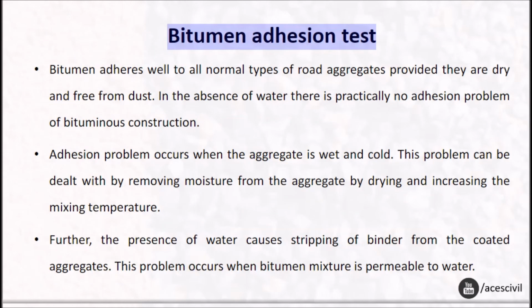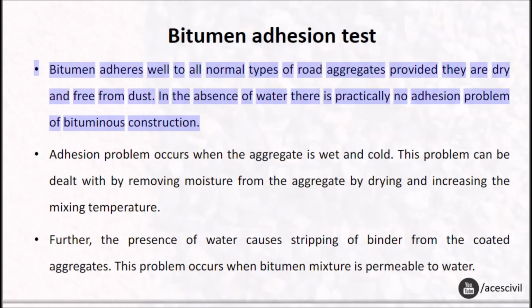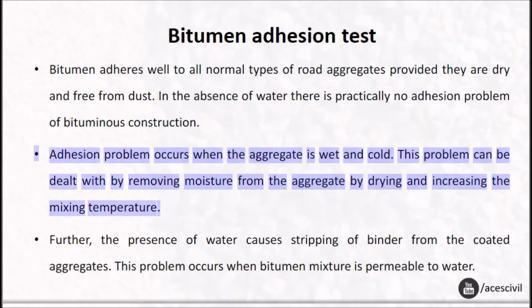Bitumen adhesion test. Bitumen adheres well to all normal types of road aggregates provided they are dry and free from dust. In the absence of water, there is practically no adhesion problem of bituminous construction. Adhesion problem occurs when the aggregate is wet and cold.